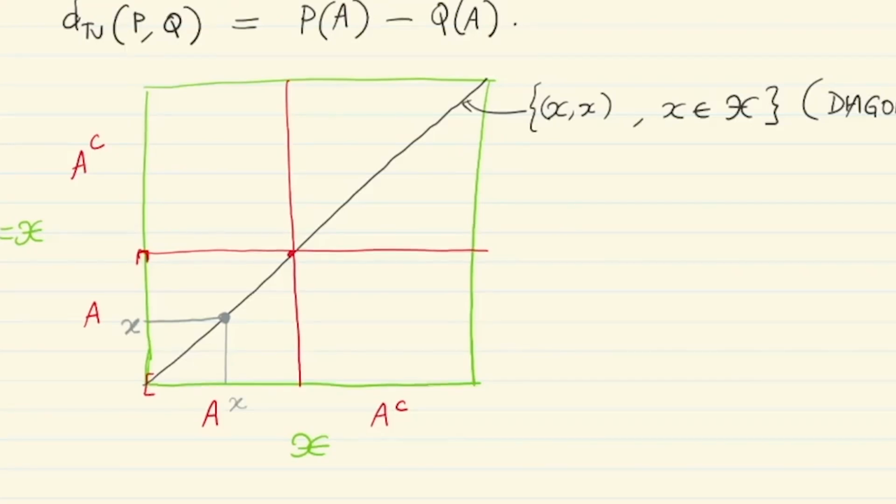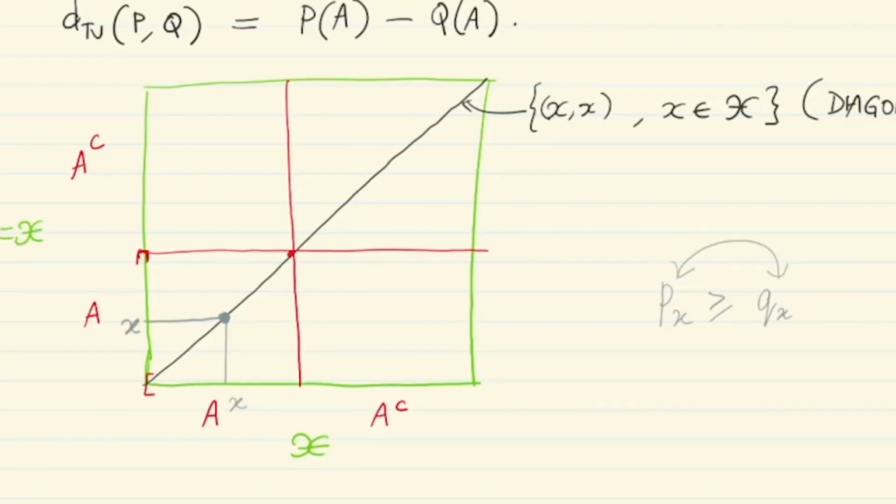So on one hand, we know that if we sum along the vertical line which passes through x comma x, we must get px, and if we sum on the horizontal line that passes through x comma x, we must get qx. But we know that px is greater than or equal to qx. So the theoretical maximum probability that one can put at the point x comma x is limited by the smaller one out of px and qx, which in this case happens to be qx.